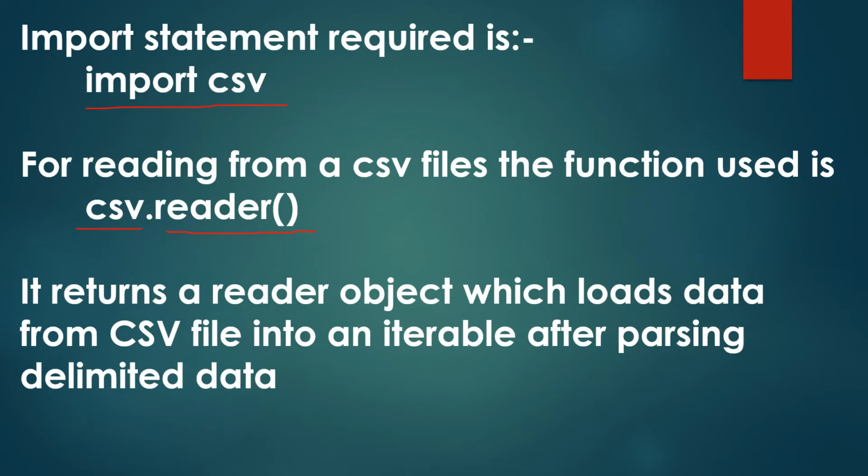When this function executes, it returns a reader object which loads the data from the CSV file into an iterable after parsing the delimited data. Delimited data means data separated by the delimiter character, which is comma in case of CSV files.